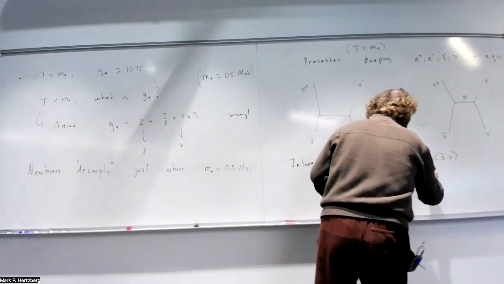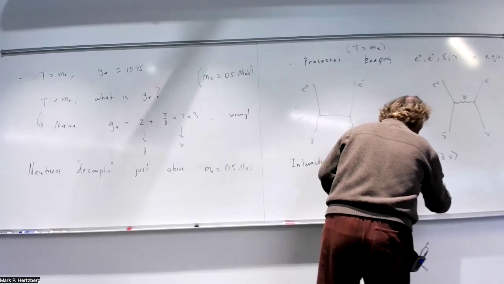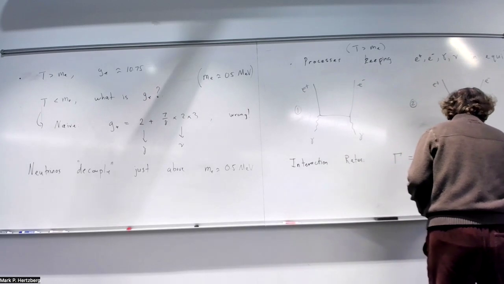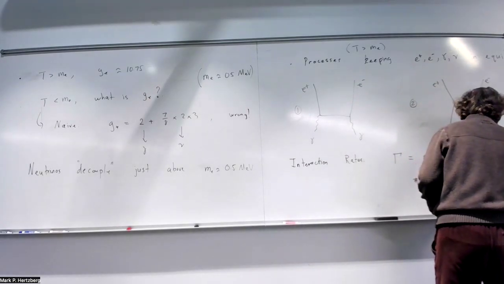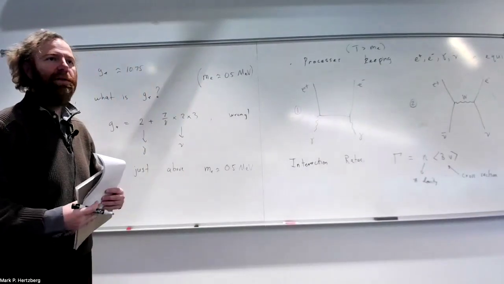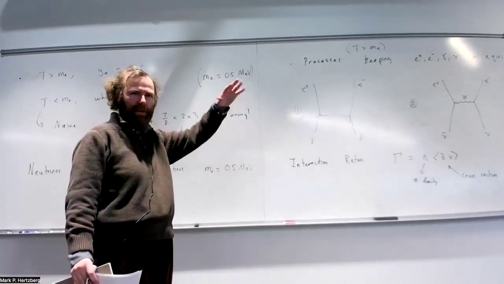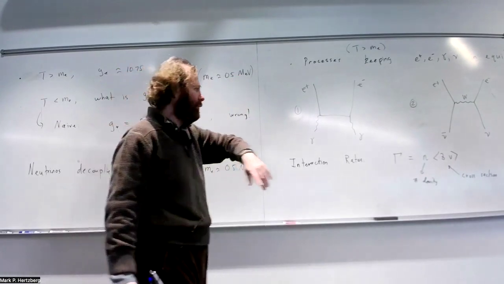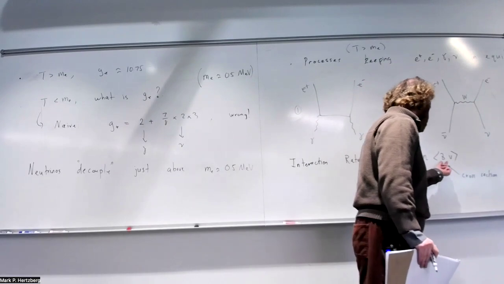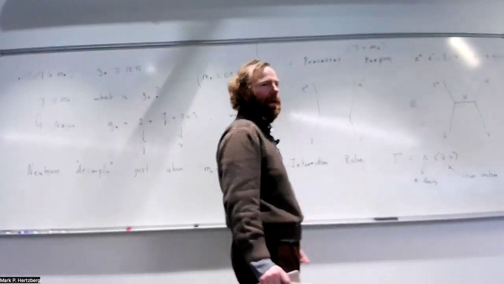So this is the number density, and this is the cross-section. Remember, when everything's relativistic, n is just order T cubed. So that's super easy to estimate. And then v is 1 because everything's relativistic. So sigma is the only thing we have to be a little careful about.